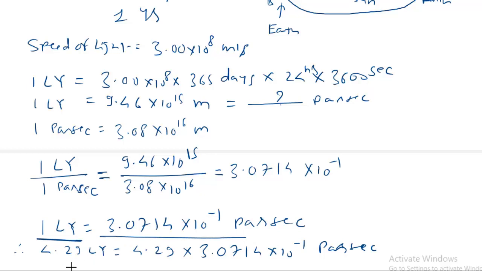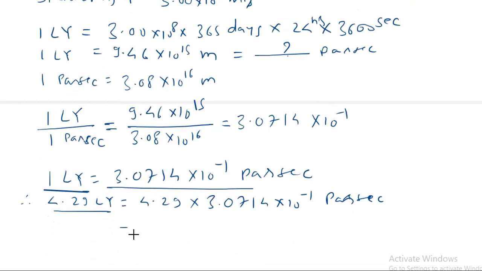So for 4.29 light year, you have to multiply by 4.29 on both sides, and we will get this equal to 1.31764.